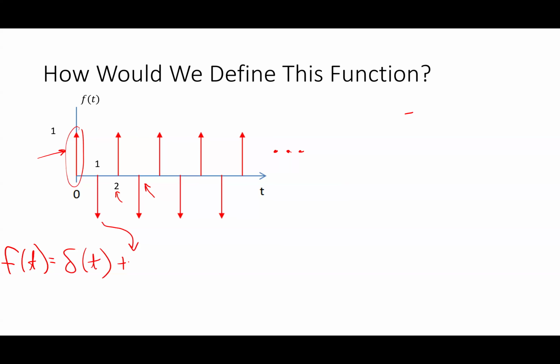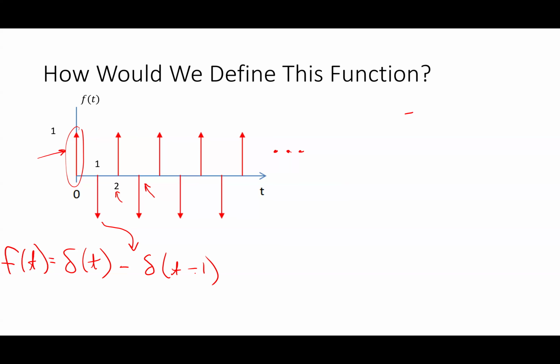What would I put for that? Negative, yeah, it'd be negative 1 times delta of what? t minus 1. Because I took the impulse, shifted it to the right one, and then multiplied it by negative 1 to flip it over.